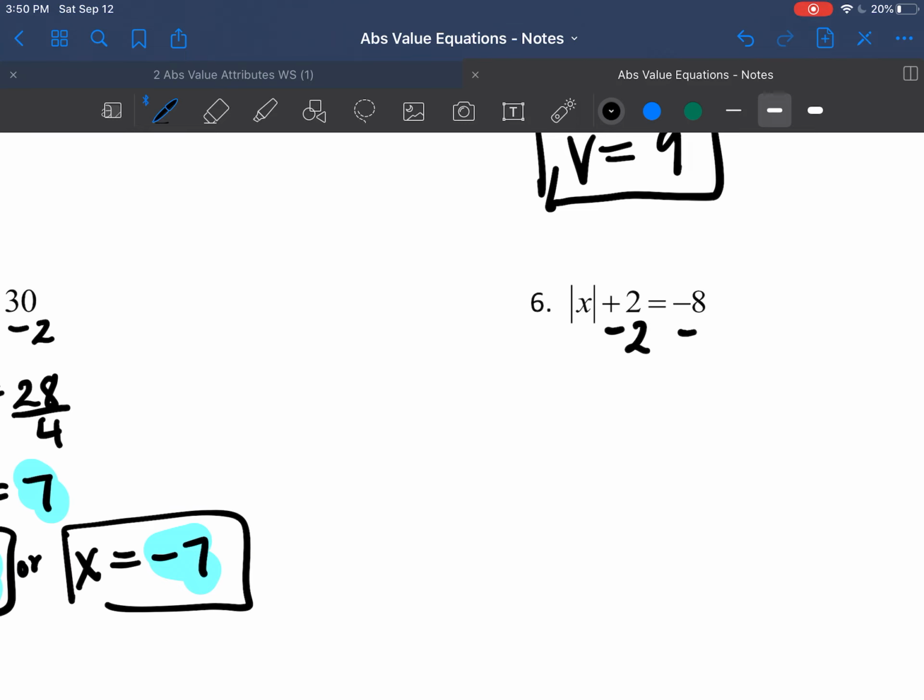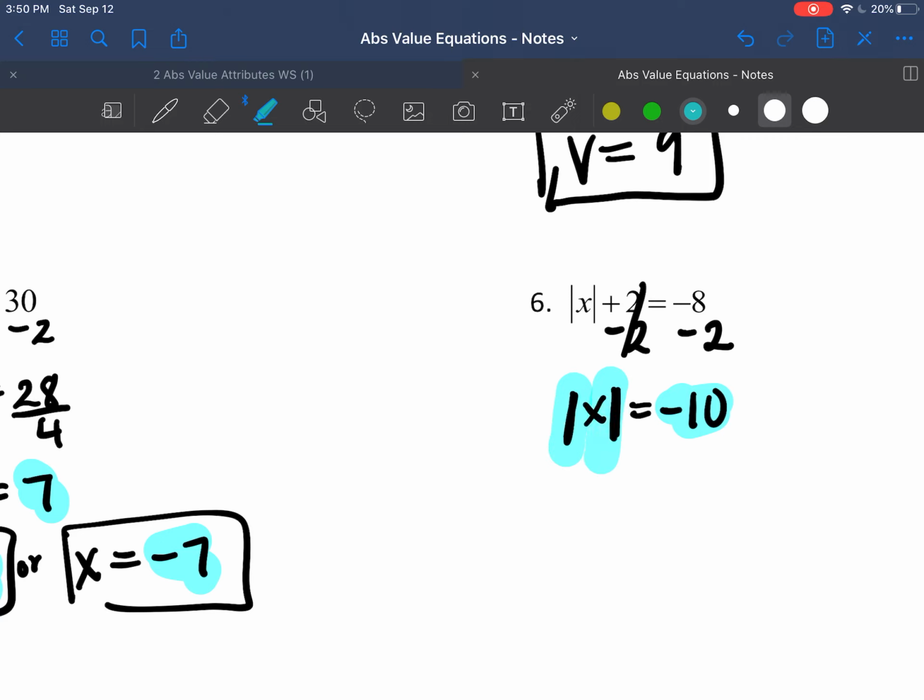All right, so number 6. First you have to subtract 2. And this is where I stop. I have absolute value. Once you isolate absolute value, if you have a negative number over here and absolute value here, stop.